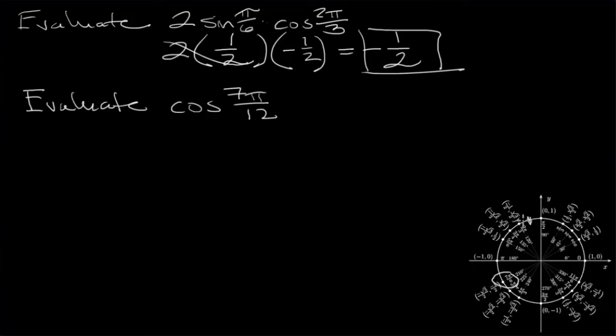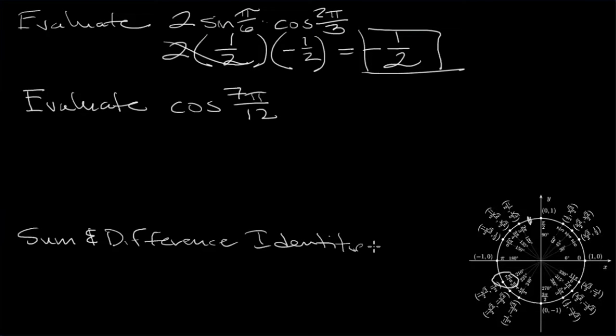So fortunately, we have mathematicians who have been cranking away with the properties of sine and cosine for hundreds of years, and they found out that there is an identity that allows us to evaluate this directly. Well, the first set of identities that we're going to be looking at are the sum and difference identities of sine and cosine.